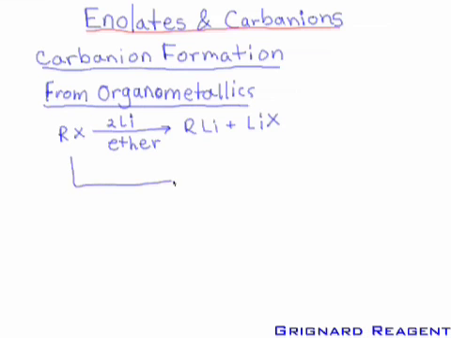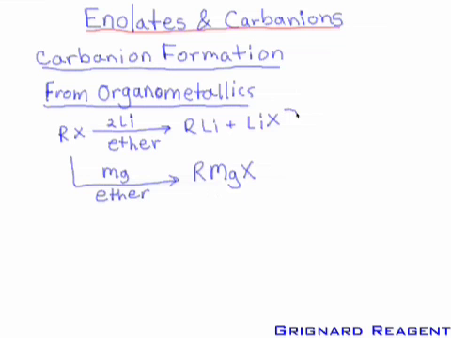Or you can react it with magnesium metal in ether and prepare a Grignard reagent, such as R-magnesium X. Both reagents, alkyllithiums and Grignard reagents, are good sources of alkyl minus. Now, they represent powerful alkylating agents.